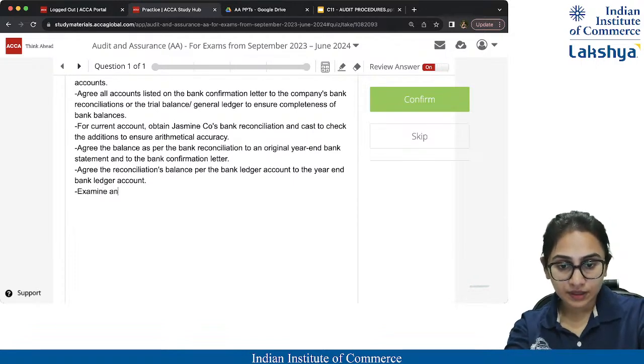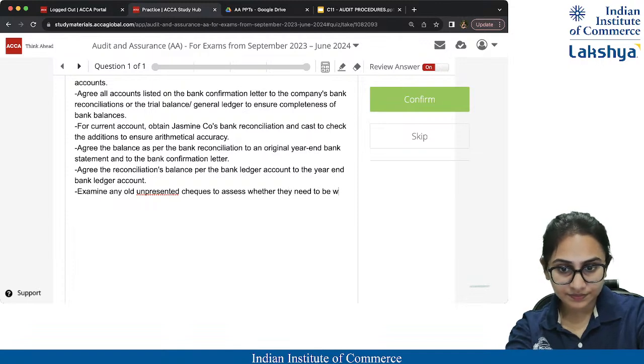examine any old unpresented checks to assess whether they need to be written back as they are no longer valid to be presented.